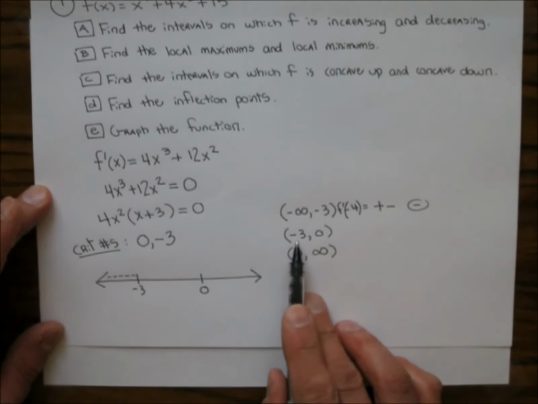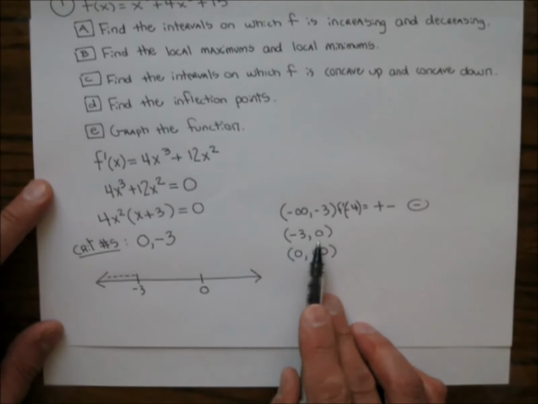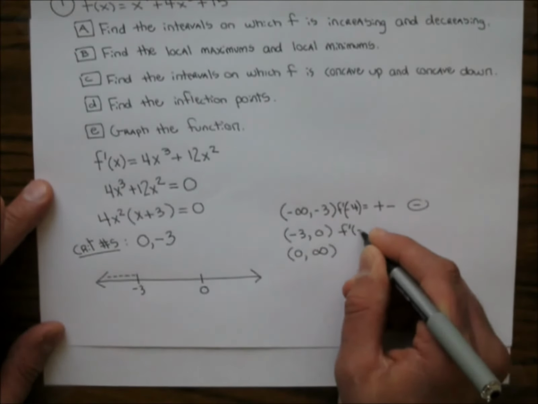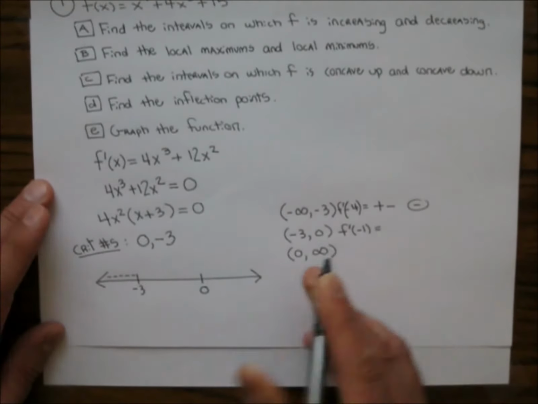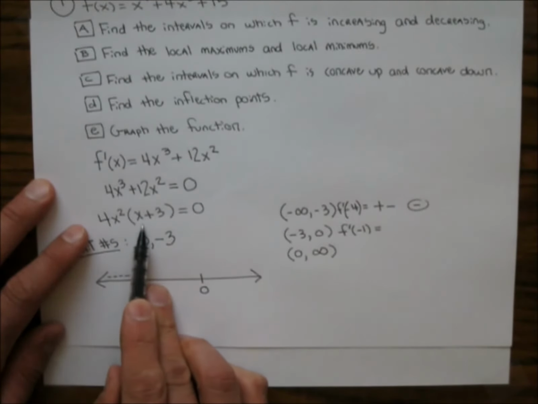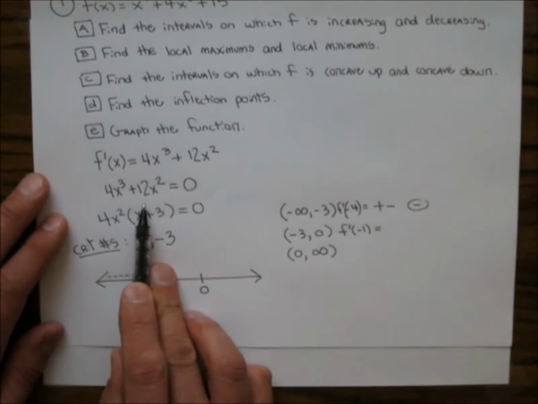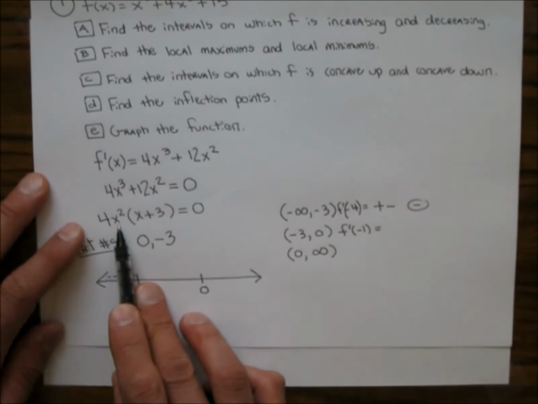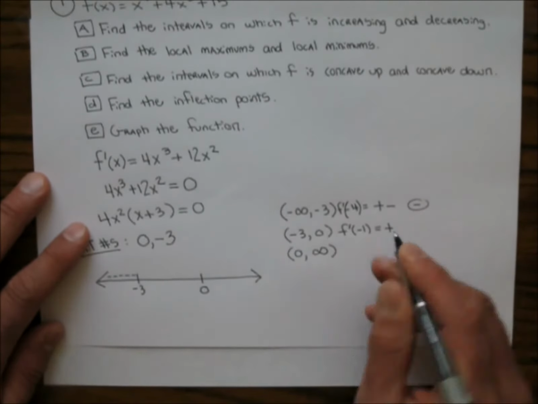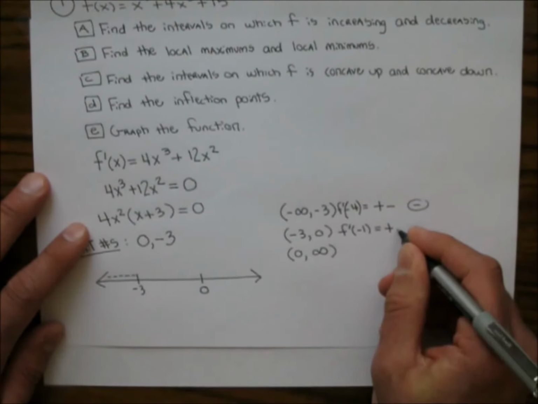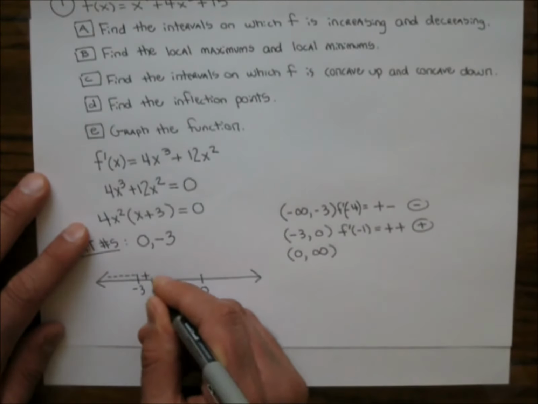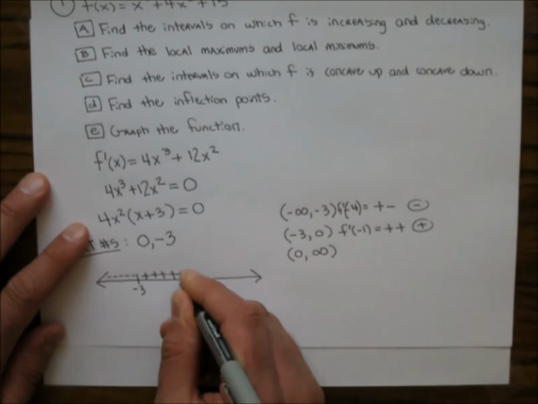Now let's go ahead and put a number in this interval in, maybe -1. And I look at the signs here. When I put -1 in, I get 4 times -1 squared, that's positive. And I put -1 there, that is positive, which gives me a positive. So we have pluses right here.